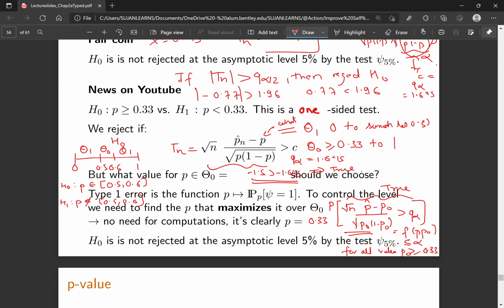Wouldn't it be nice if Q alpha was living on the same space as alpha? Then it will be easier for us to ask questions such as, will I still be rejecting the null hypothesis if alpha was at 1% or 10%?